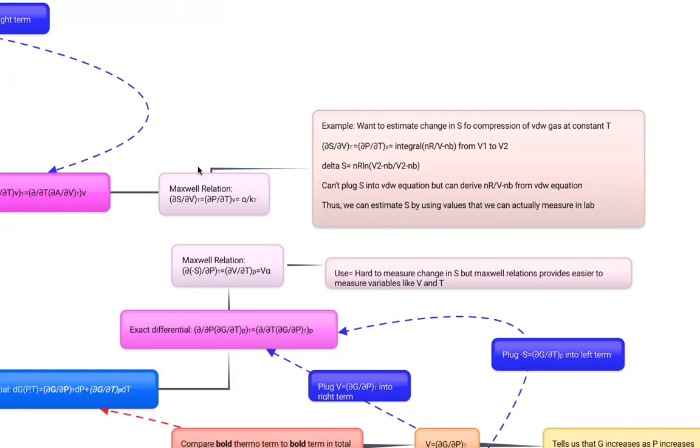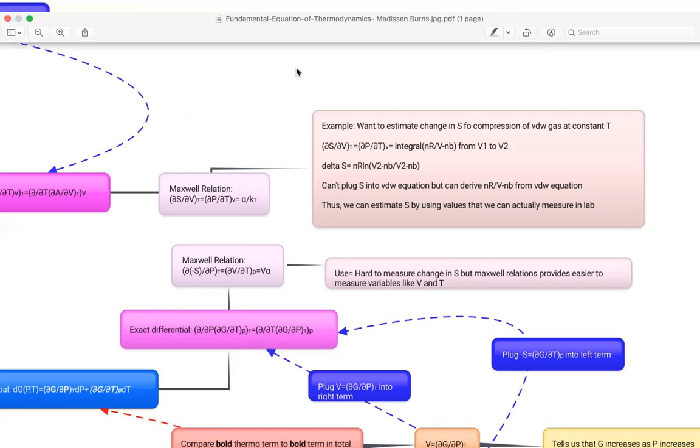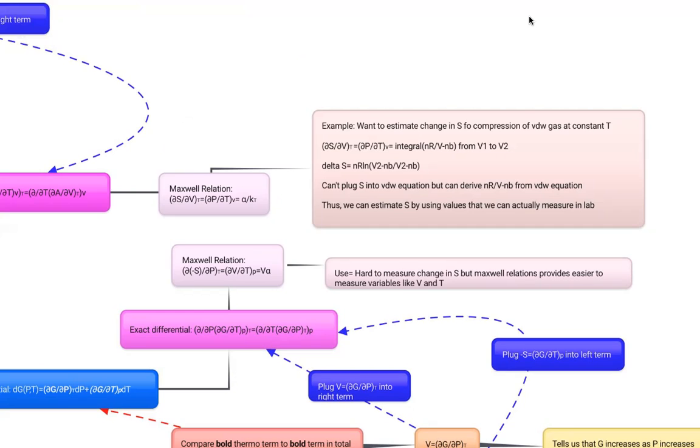So we can relate that equation to the van der Waals equation. You get an integral from V1 to V2 of nR divided by V minus nb, and relate this back to entropy to get delta S equal to nR natural log of V2 minus nb divided by V1 minus nb. That's a typo on the slide; it should be V2 minus nb divided by V1 minus nb.